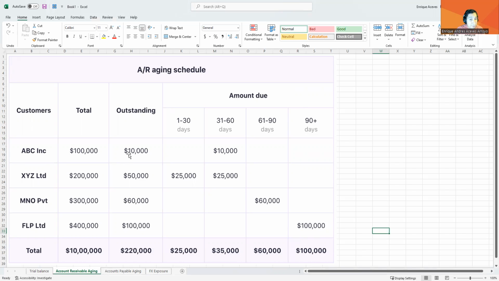The second thing to understand, guys, is that from this list of customers, you have to figure out which of them owe you in a foreign currency. Maybe ABC Inc. owes you in Mexican pesos, so we don't have any exposure in foreign currency exchange. But maybe the next customer owes you in US dollars, even though those dollars are translated into Mexican pesos.